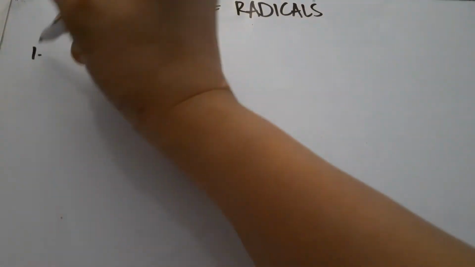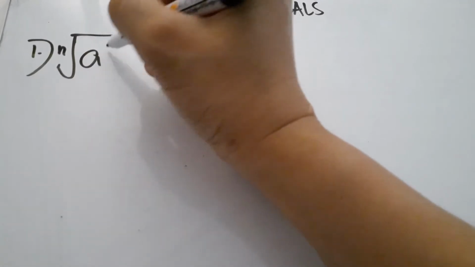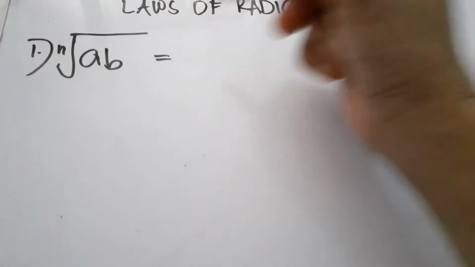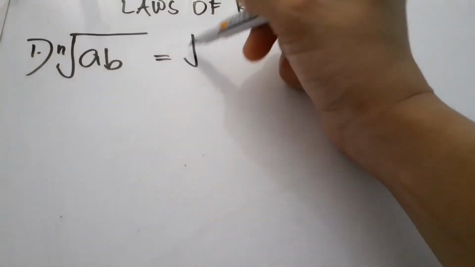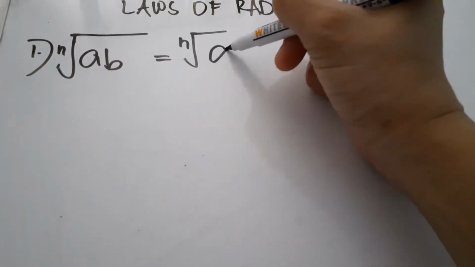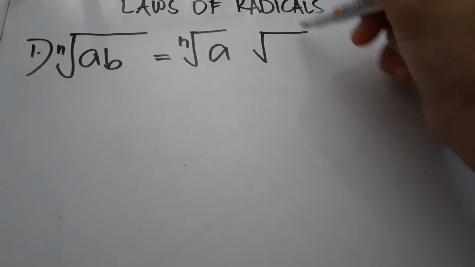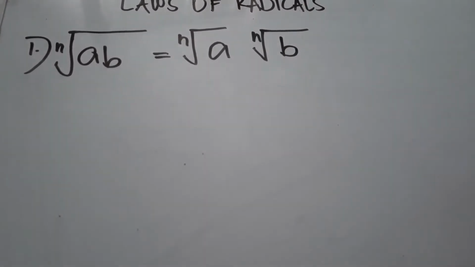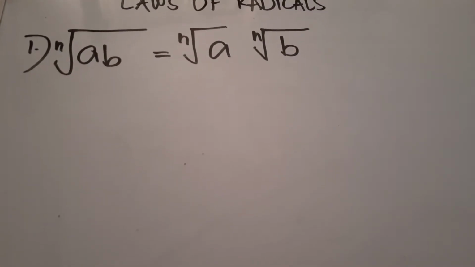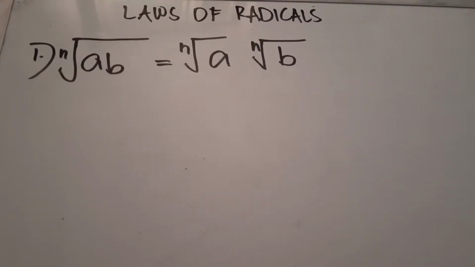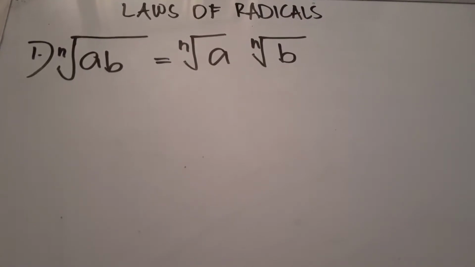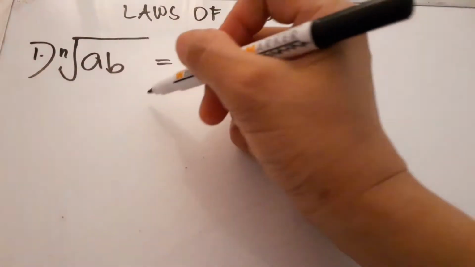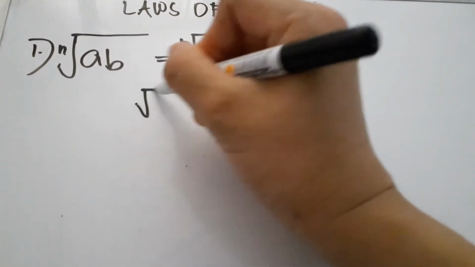And let's have another. We can tackle the laws of radicals. In the laws of radicals, the nth root of a times b can be separated into groupings: the nth root of a times the nth root of b. This product rule is important in simplifying radicals, so that no perfect square factors remain under the radical sign. For example, the square root of 50.